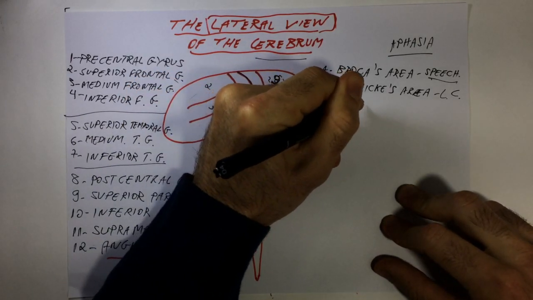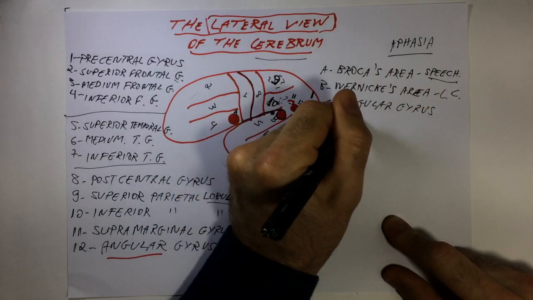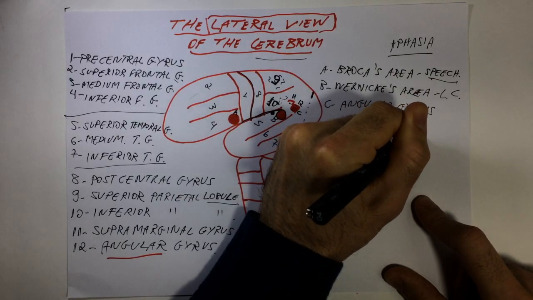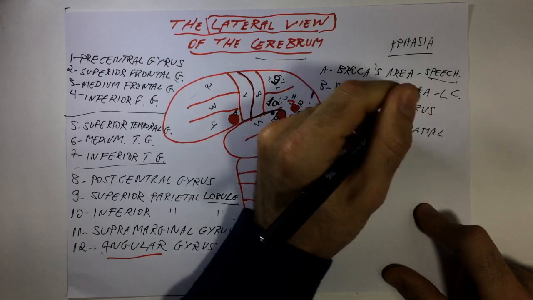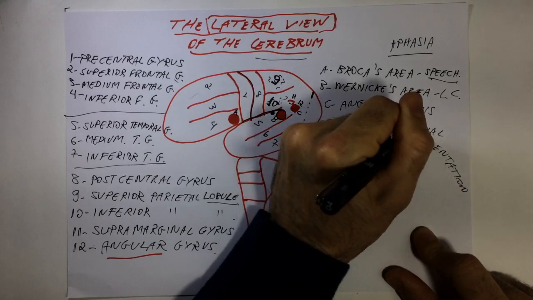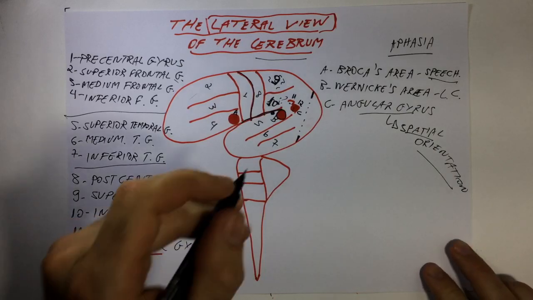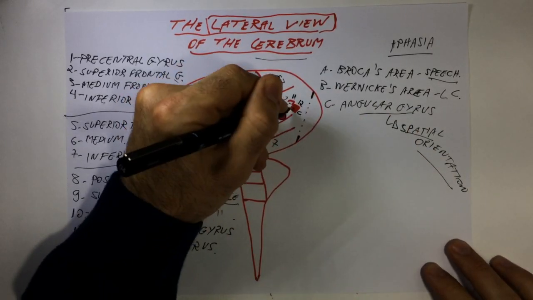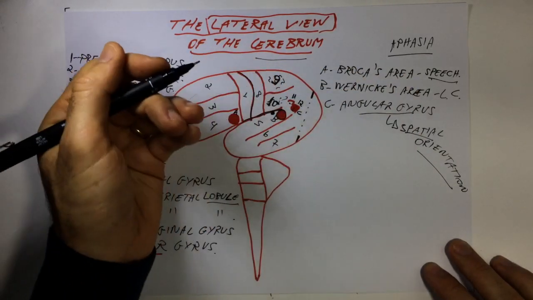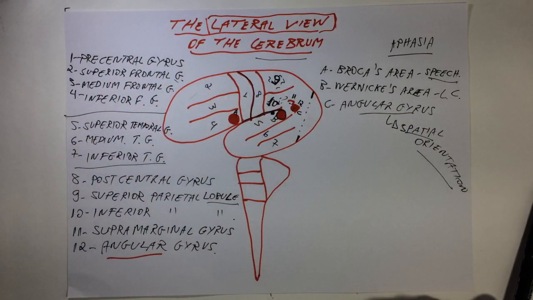That would be the angular gyrus, that is related to spatial orientation, or the perception of the space. And of course, it's not just this area that is responsible for that, but the angular gyrus plays a very important role when it comes to the perception of the space, or spatial orientation.